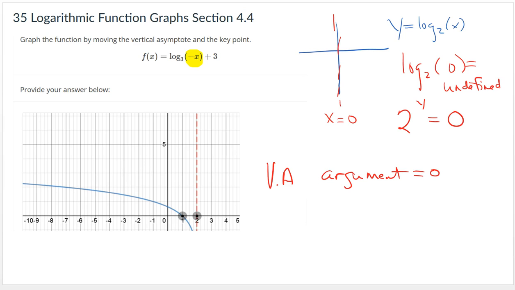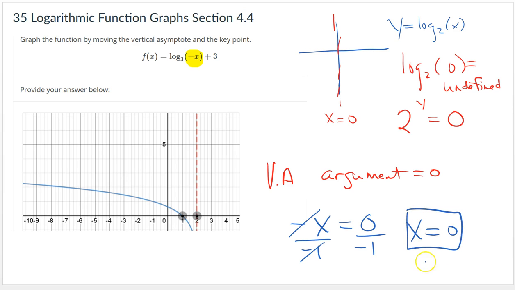To solve for x, you've got to get rid of that negative in front of it, so let's divide both sides by negative 1. The negatives cancel, and that gives me x equals 0. That is my vertical asymptote.